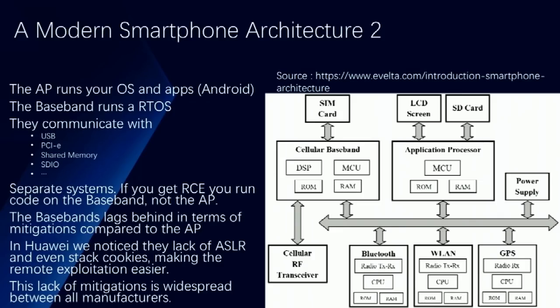You don't run code on the application processor because those are two separate CPUs. But the advantage is that basebands lag behind in terms of mitigations compared to the application processor. For example, in the Huawei baseband, we noticed that they lack ASLR and stack cookies, so remote exploitation is easier. But this lack of mitigations is not only on this baseband, it's widespread between basically all manufacturers.